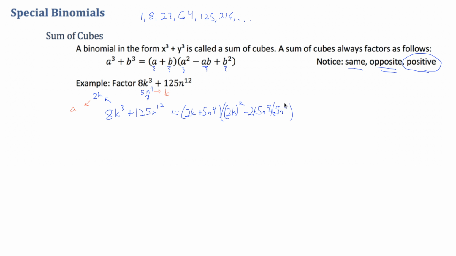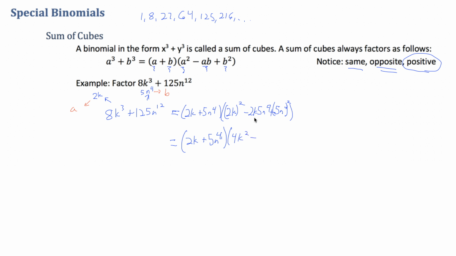The whole thing squared. And so we want to simplify this, try to make it a little neater. 2k plus 5n to the 4th, times 2k, the whole thing squared, is 4k squared.